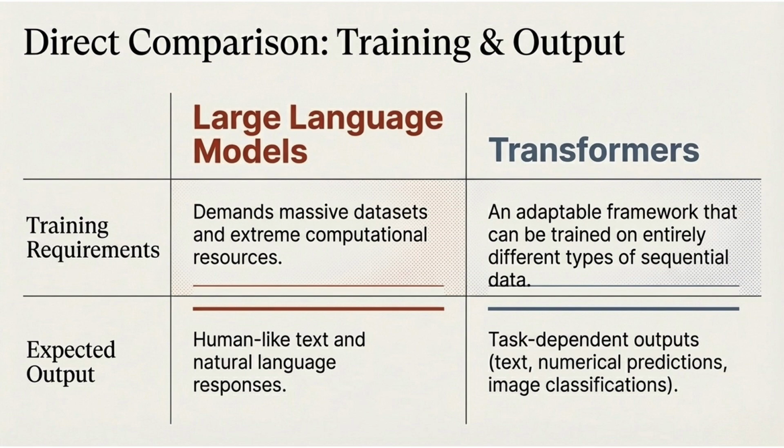They are adaptable frameworks that can work with many types of sequential data. Depending on the task, transformers can produce outputs such as text generation, numerical predictions, or image classification. This flexibility is one of the key reasons why the transformer architecture is widely used in modern AI systems.